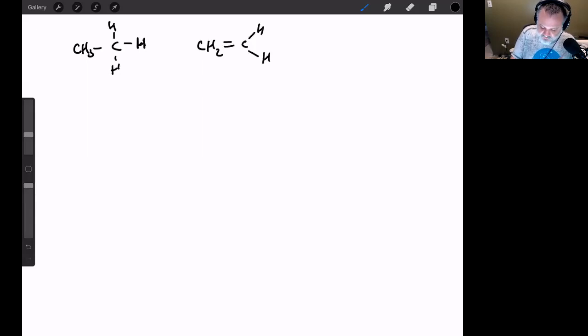Alkynes produce an interesting bit of chemistry, because if you remember, when we talked all the way back in chapter 3 about different acids and different bases, we talked about the relative strengths of alkanes, alkenes and alkynes when it comes to acid strength.